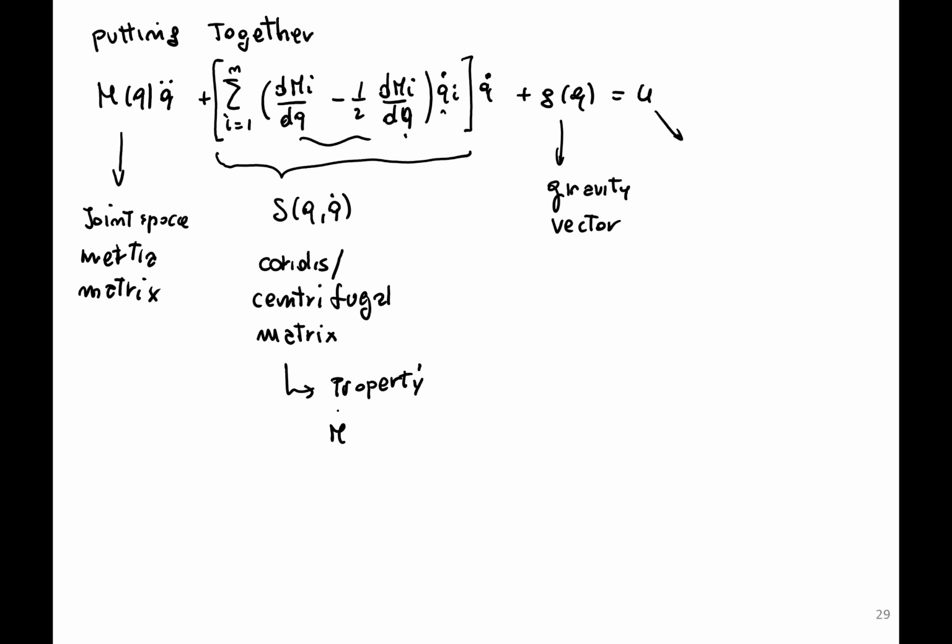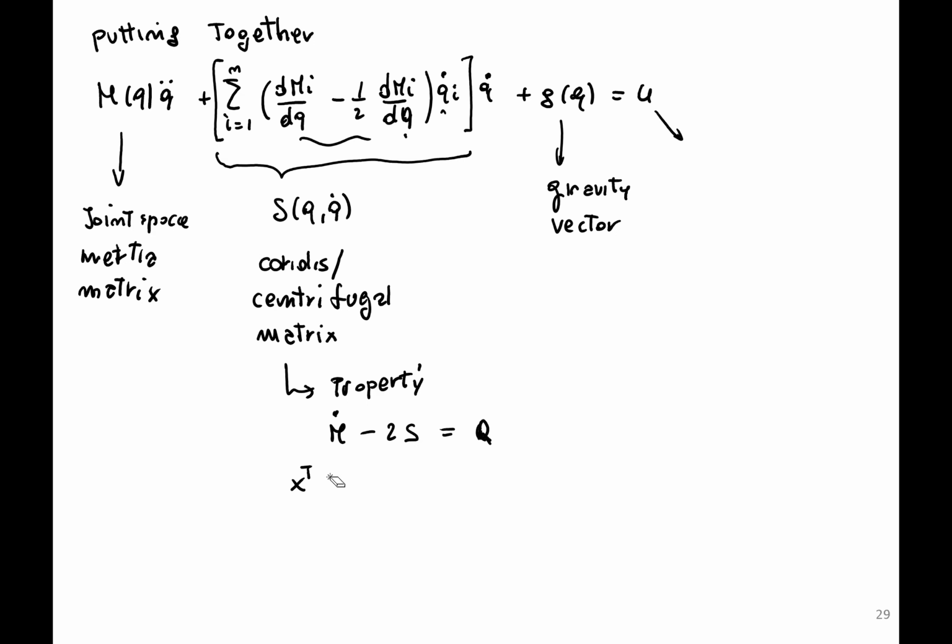An important property that this matrix has is that if you sum up 2 times this matrix with the derivative of the mass matrix, you get a matrix that is skew symmetric. So let's call it matrix Q, where Q is skew symmetric.